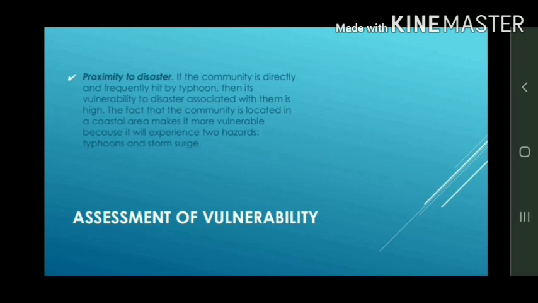So in terms of proximity to disaster, if the community is directly and frequently hit by the typhoon, then its vulnerability to disaster associated with them is high. The fact that the community is located in a coastal area makes it more vulnerable because it will experience two hazards, the typhoons and storm surge.